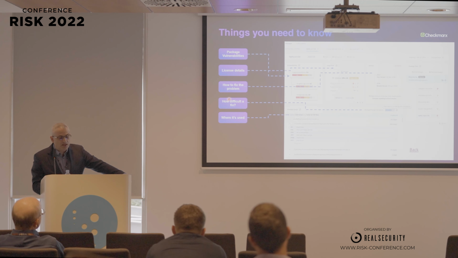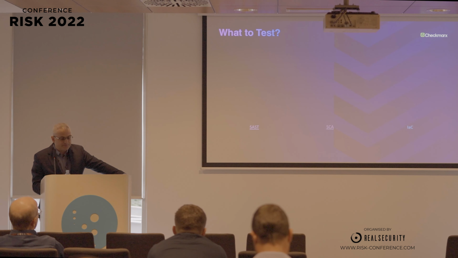We should see which effort I need to invest in order to resolve this issue. This approach will assist me to prioritize my work, and it's very useful if I can see where in my code the vulnerable or problematic code is used.